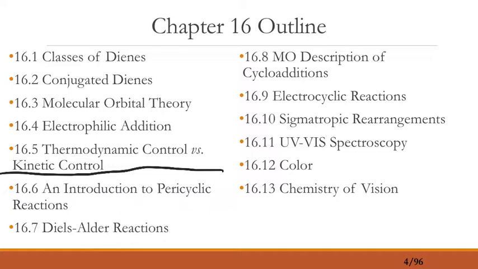But then we have molecular orbital description of cycloadditions, electrocyclic reactions, sigmatropic rearrangements, UV-vis spectroscopy, color, and the chemistry of vision. And we have learned something about vision already, and at least in how our eye works to recognize colors, but we'll learn more here.